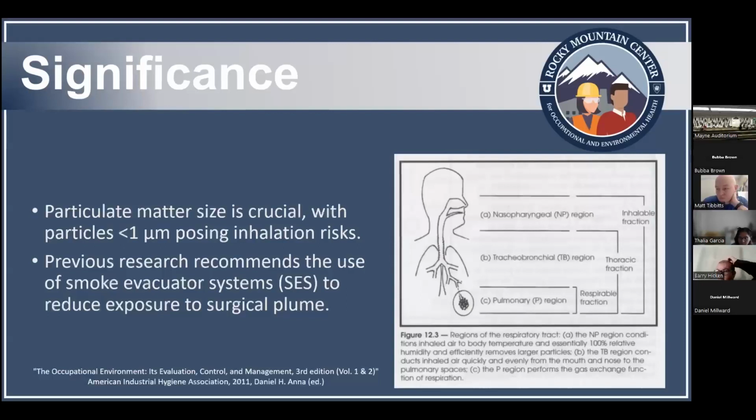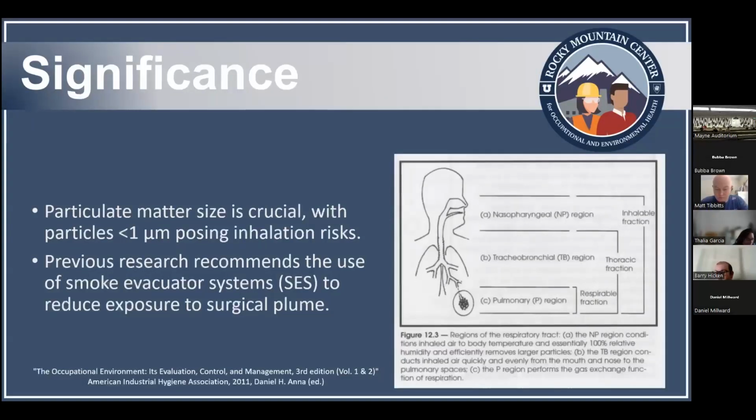And these can get deposited in the alveolar space or the pulmonary region, because they can pass down the whole respiratory tree.